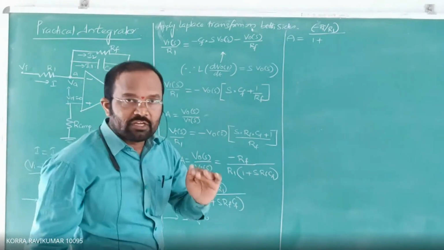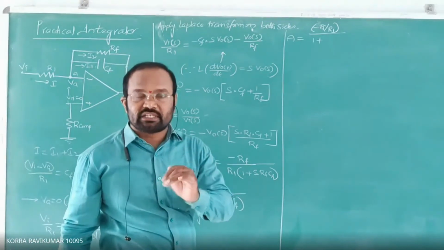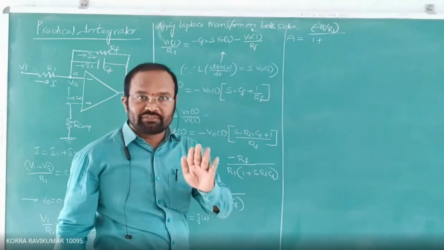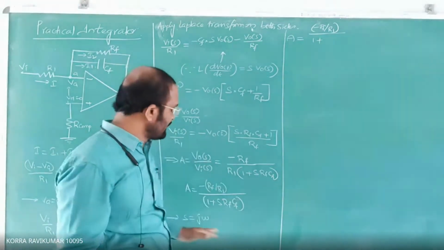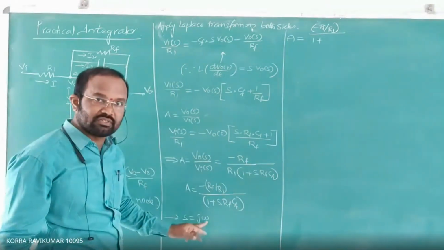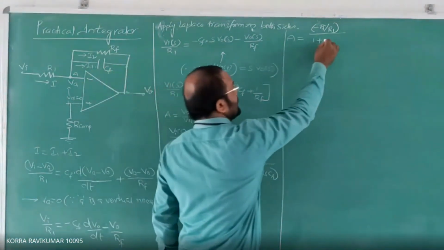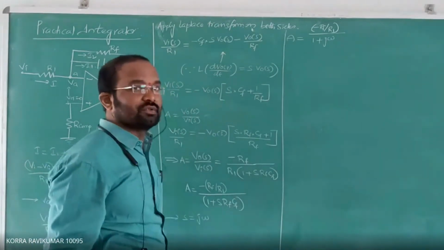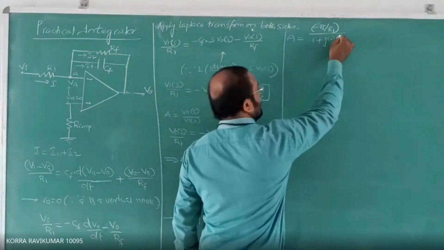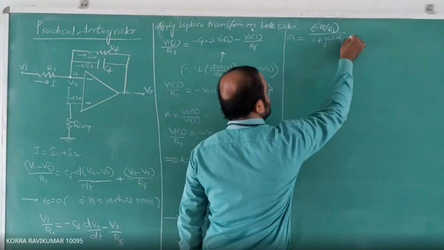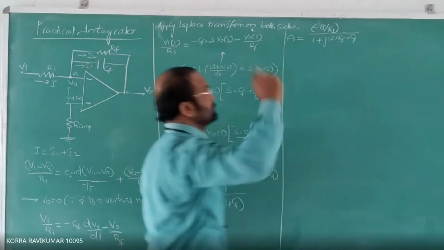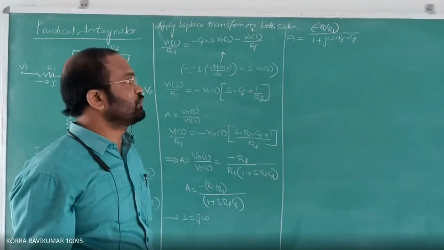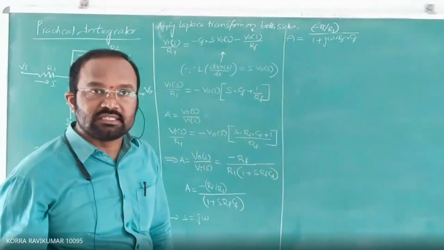Why? Because to get the frequency response of this integrator circuit, we need a frequency term, and the frequency term is available in omega. That's why we are converting. So here, j omega into RF into CF. See here, A is equal to minus RF by R1 divided by 1 plus j omega into RF into CF.